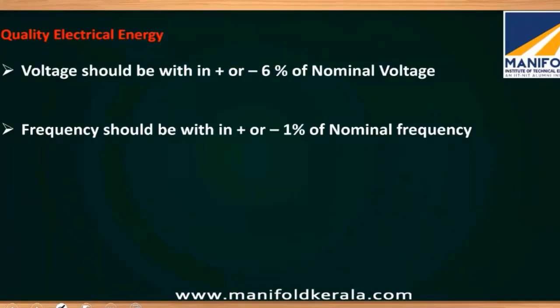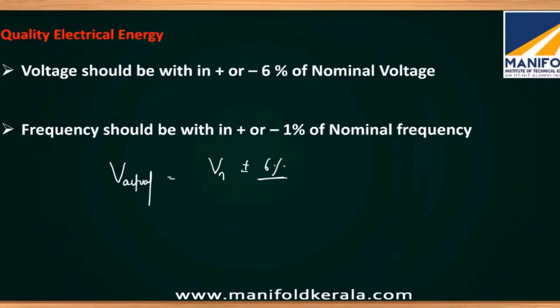This allowable tolerance can change from one utility to the other utility. I am telling the general value which is taken in India. So your actual voltage at any point should be nominal voltage plus or minus 6%.